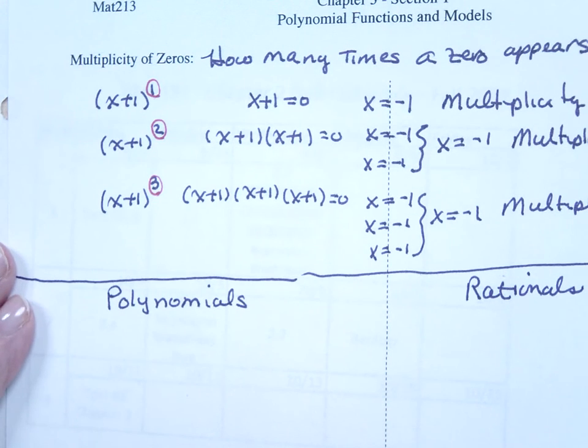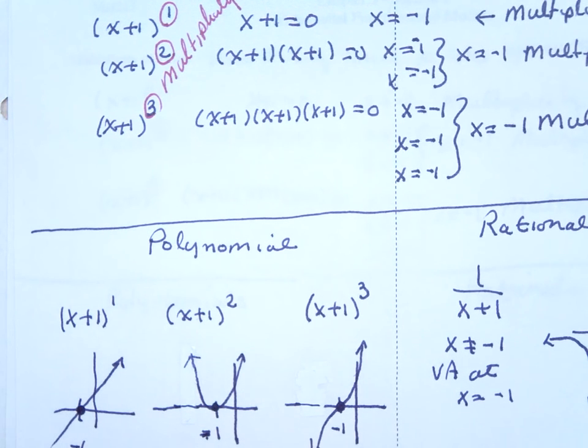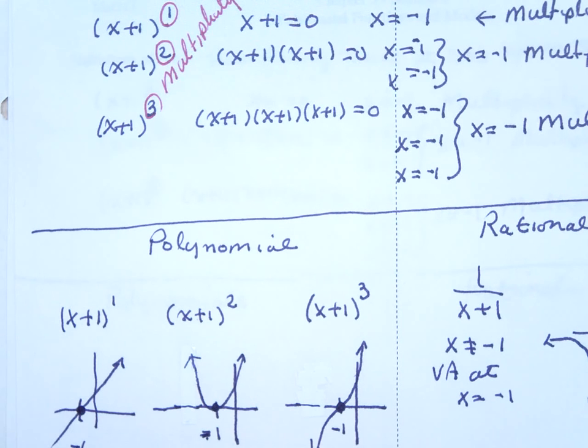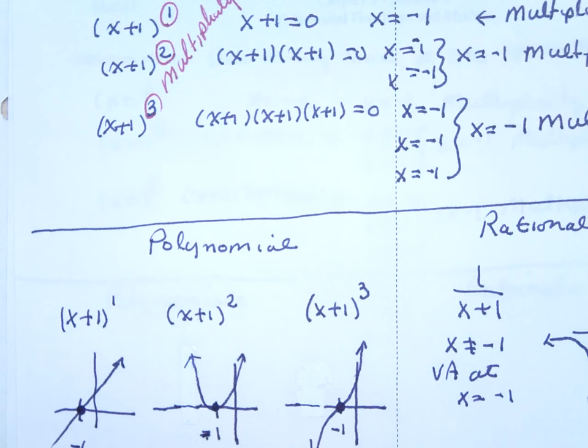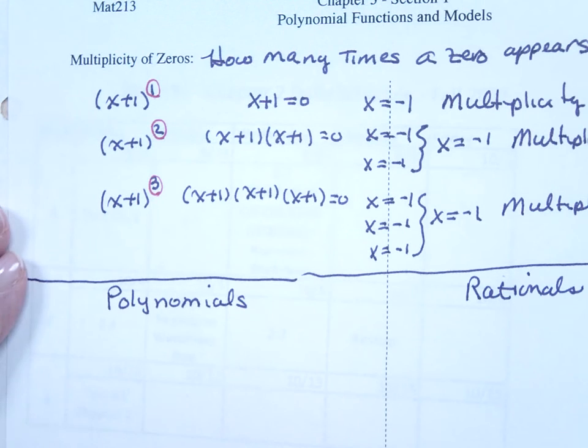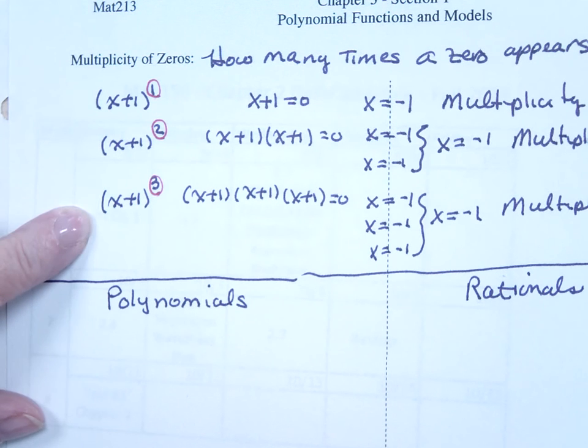Now I'm going to put 3 things across here. I don't think I've got room for 3 things down, but I'm going to smush 3 things in across. I'm going to look at each one of these factors as to how it would graph.